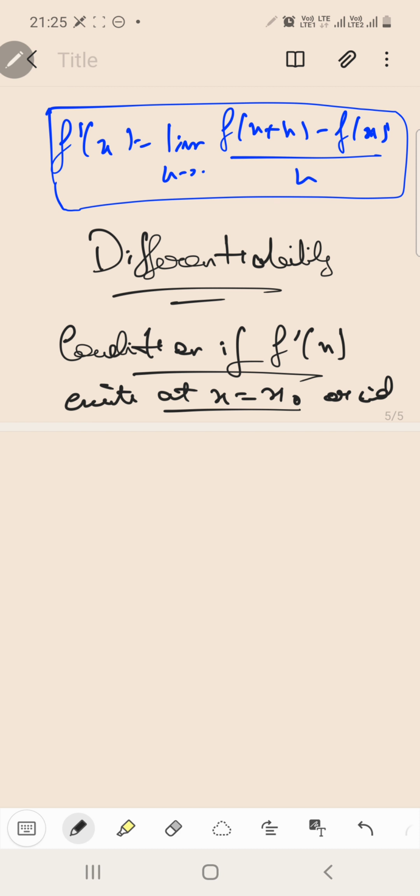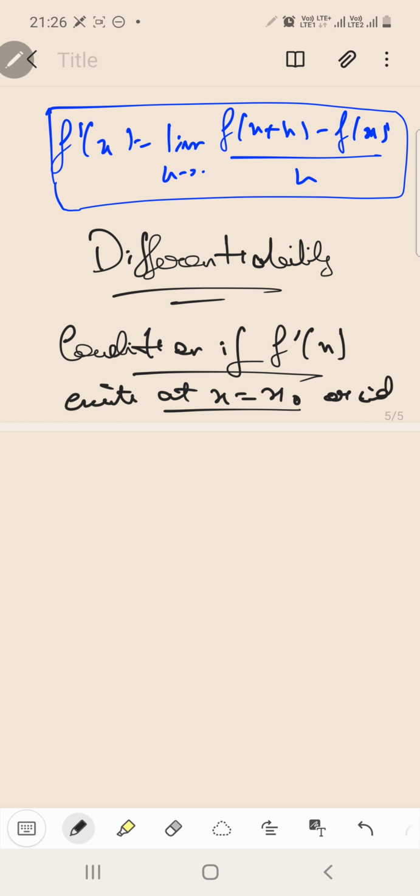Understood guys? Suppose I say that a function is differentiable at x equals x naught. Now how can I say that particular thing? Or if I say that a function is not differentiable, or we cannot find the slope of a tangent of a particular curve y equals f(x) at x equals a, how can I say so? There must be some condition, right? So the study of that condition is known as differentiability.